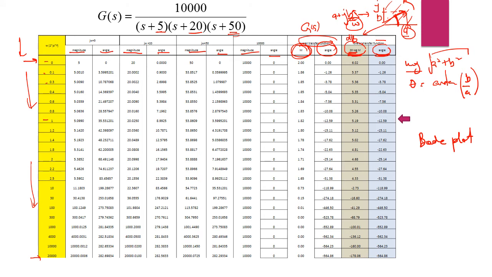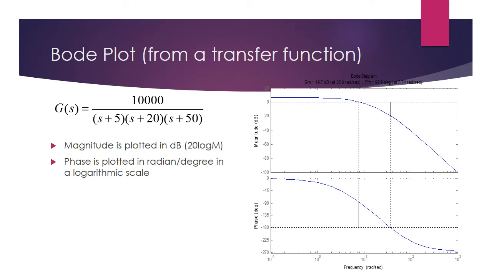So let's see a sample of Bode plot. So here is the Bode plot of the transfer function G(s). So the magnitude, again, at the end of your calculation you need to multiply the magnitude by 20 log m, because the magnitude is plotted in decibels, and the phase is plotted in radian or degree.